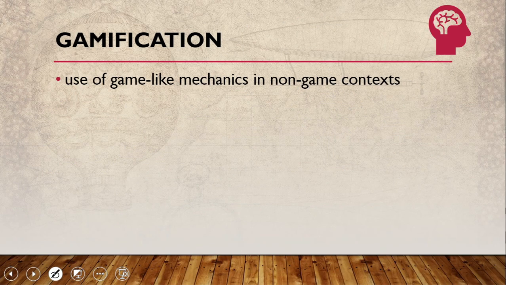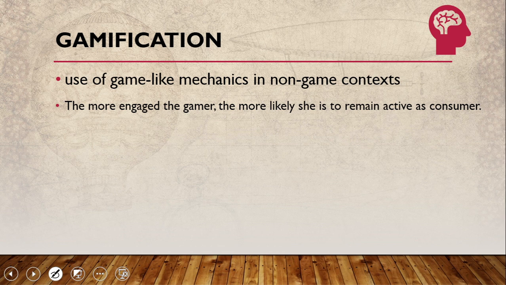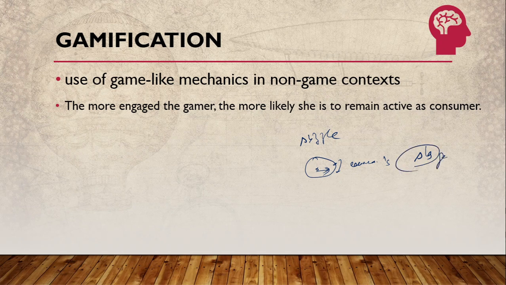Another step is gamification. Like I have just said in my previous slide, it means adding small games like puzzles or a wheel. You press on this wheel and the wheel will rotate, and depending on where the arrow points, you'll get some rewards. So you are playing a game, and the more you play the game, the more rewards you get, and you will have a dopamine hit and feel happy.